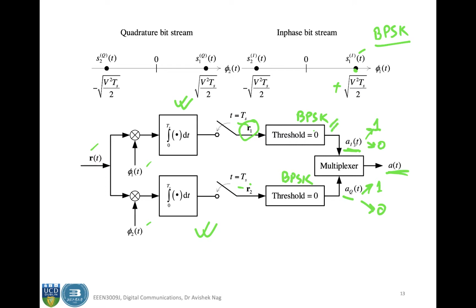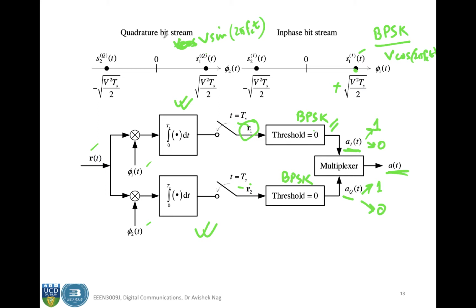This BPSK is deciding whether S1T or S2T was transmitted, because S1T and S2T are transmitted with the in phase carrier, which was V cos 2 pi FCT, and S1QT and S2QT were transmitted on the quadrature component, V sine 2 pi FCT.